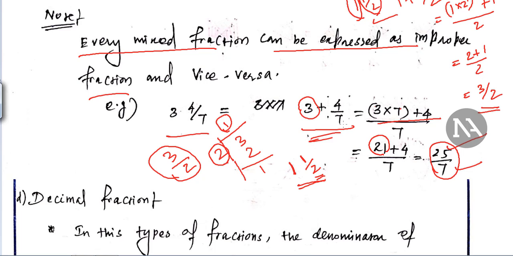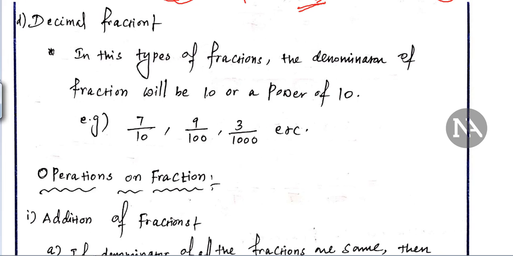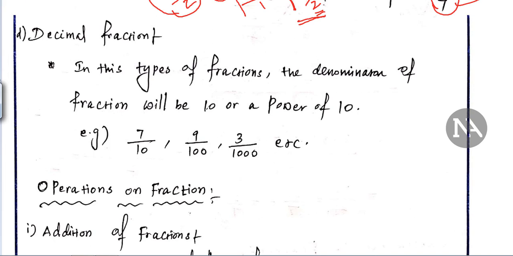Right? Next, decimal fraction. What is a decimal fraction? In this type of fraction, the denominator of the fraction will be 10 or a power of 10. This is an important thing.